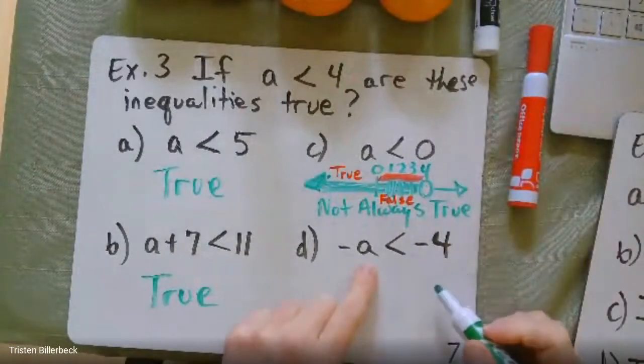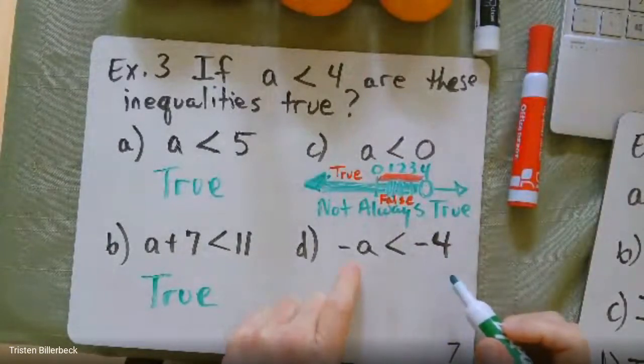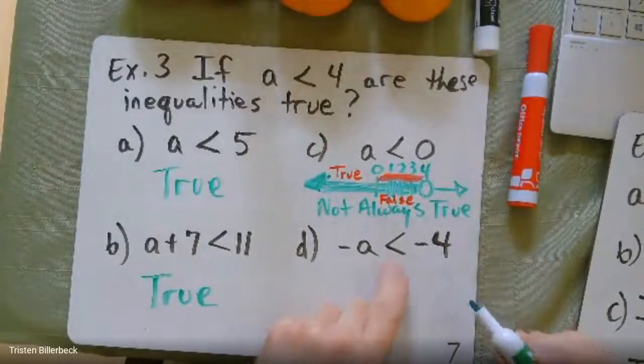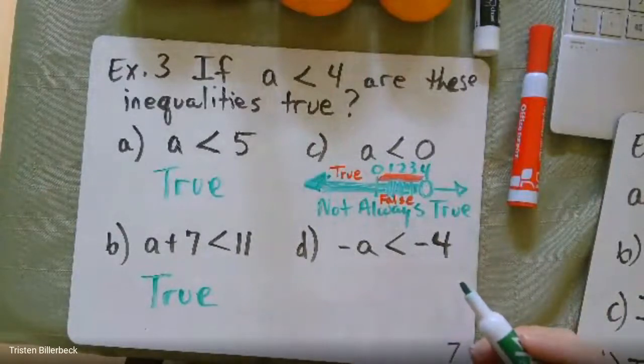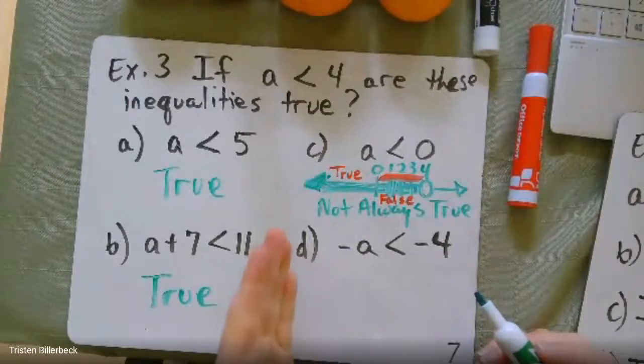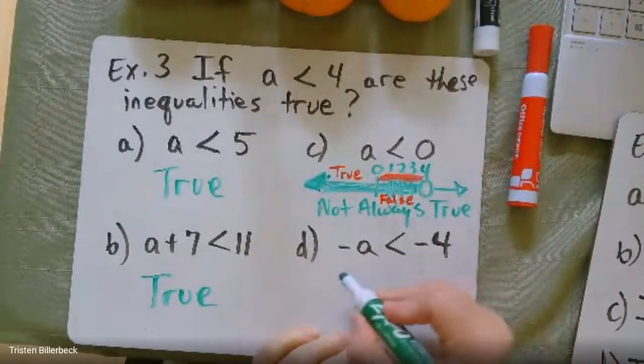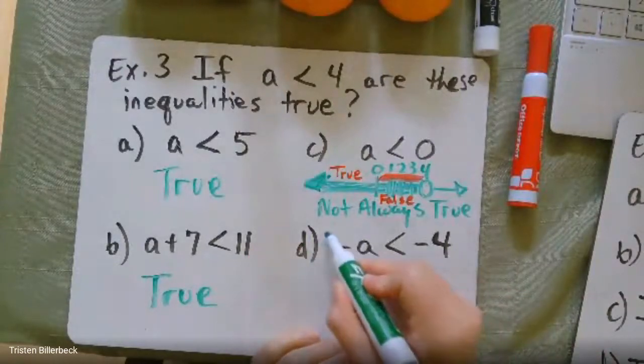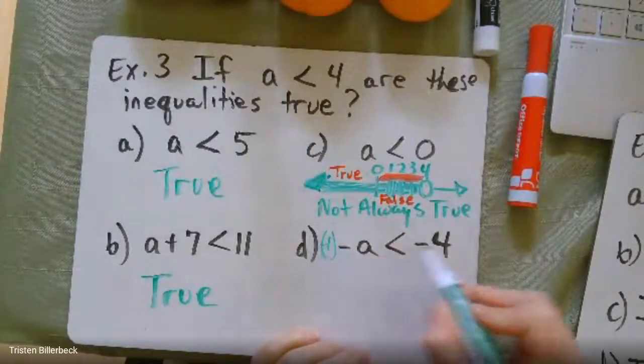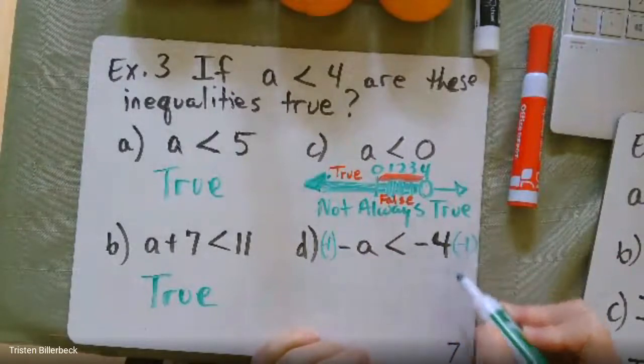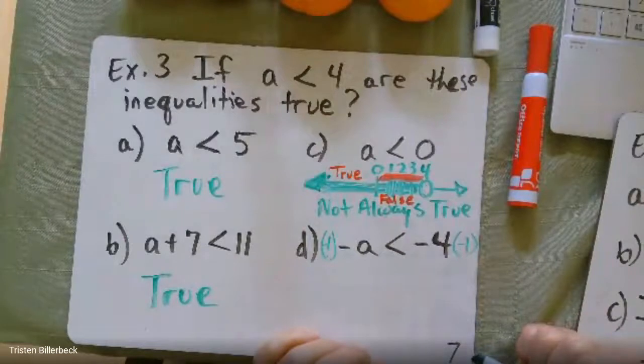All right, this one, tricky. Negative A, is it less than negative 4? Wow. Remember how I said, let's get A by itself, and if it's a negative, we have to multiply by a negative to get rid of that negative. And when we multiply both sides by -1, what happens to that sign?